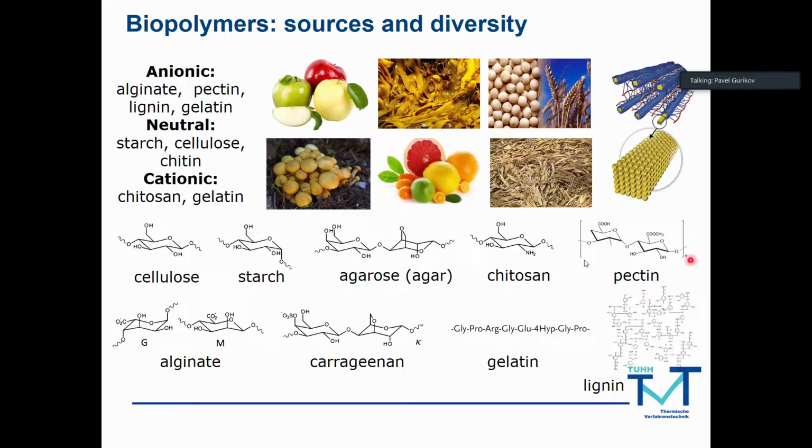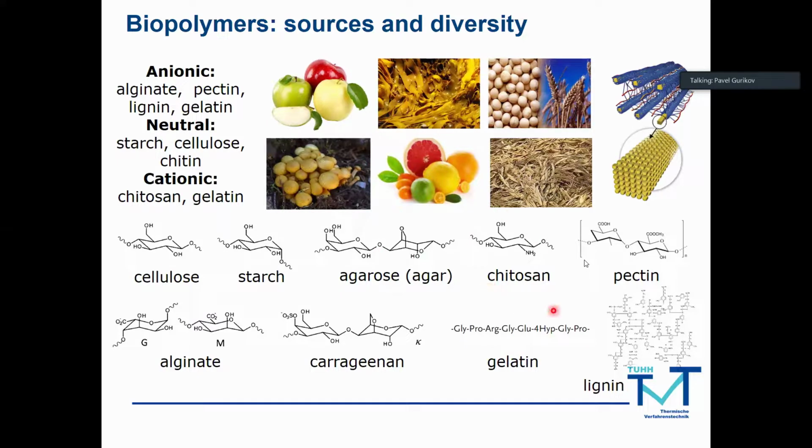They can be polysugars, for example, like pectin, or agar. They can be also protein in nature, so gelatin, for example. They can be also phenolic compounds, for example, lignin, which comes from wood. Yeah, they can be charged, for example, alginate carries COO minus charge. They can be neutral, like cellulose or starch or agar.